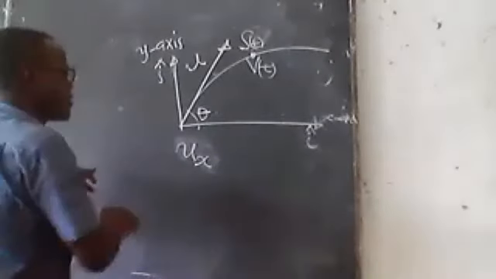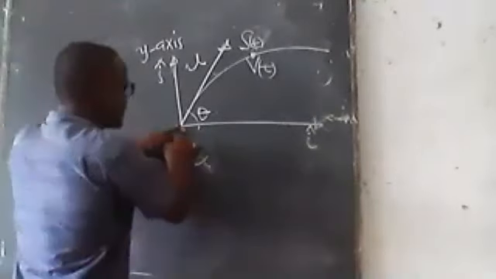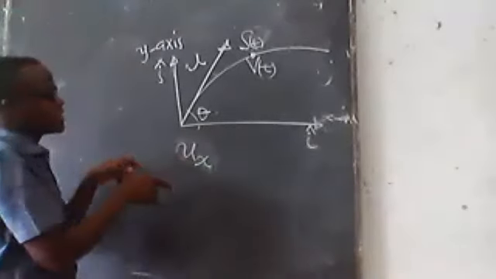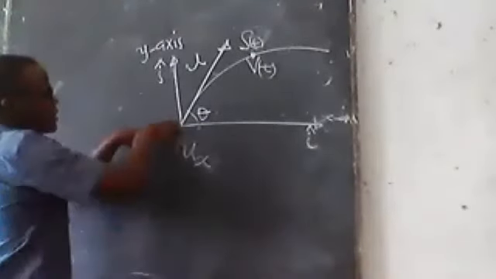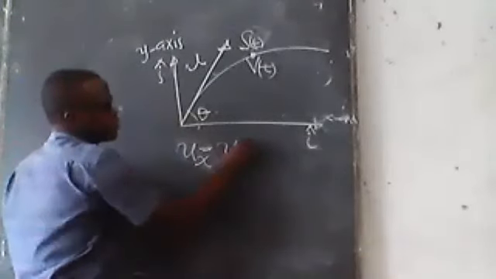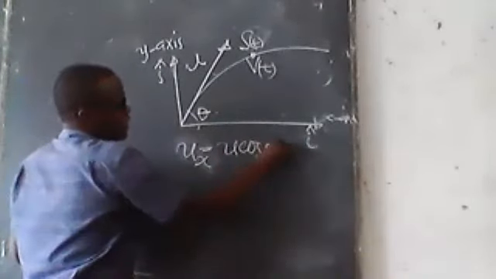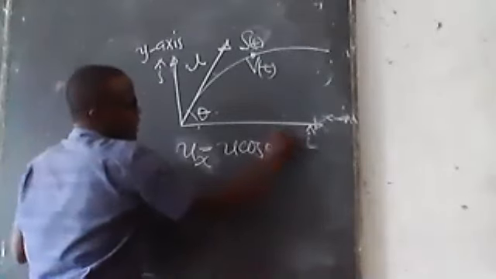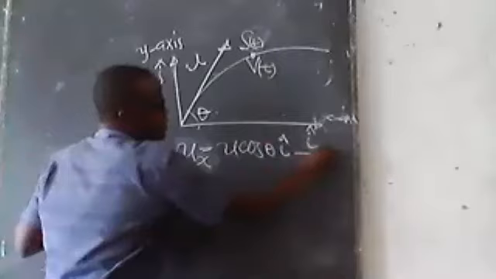So horizontally, if I decide to resolve this initial velocity, it is going to be u cos theta i. Call that equation 1. That okay? Yes, teacher.